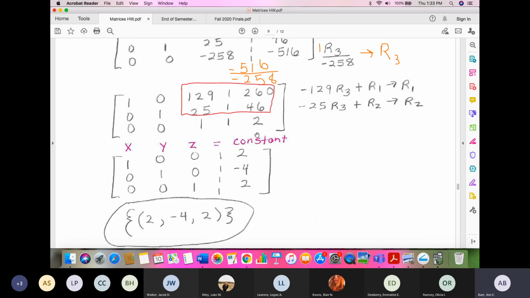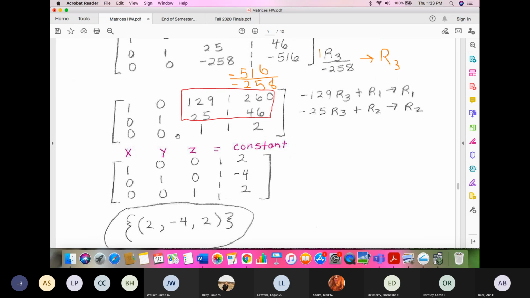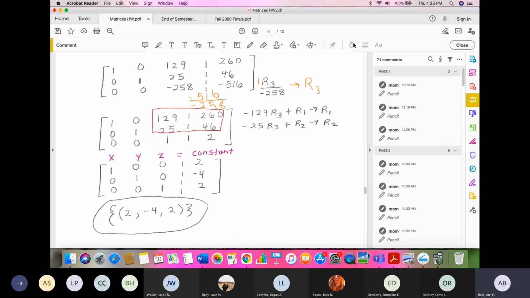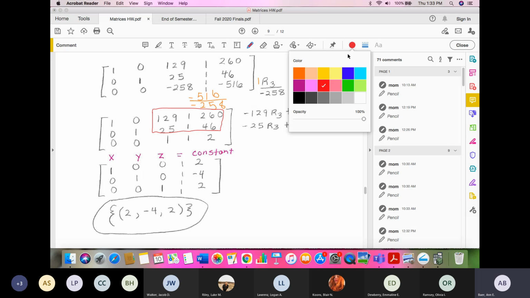Let me tell you why that is. Because we have this 1 in this column with zeros elsewhere. We already have a 1 in this column, and this is the X column. Let me get a different color. Let's maybe do blue.